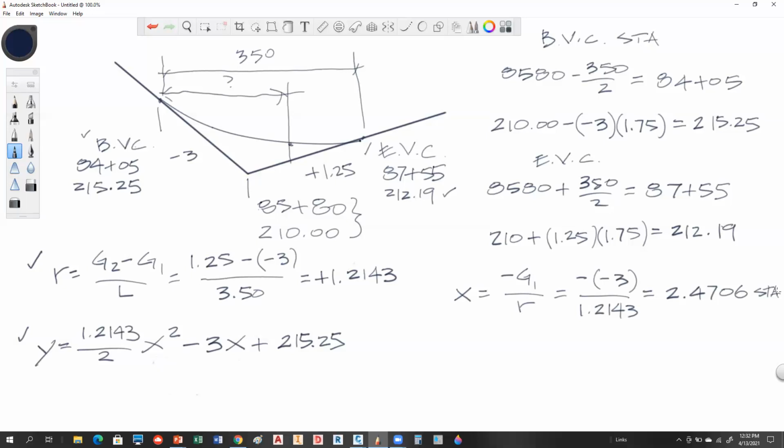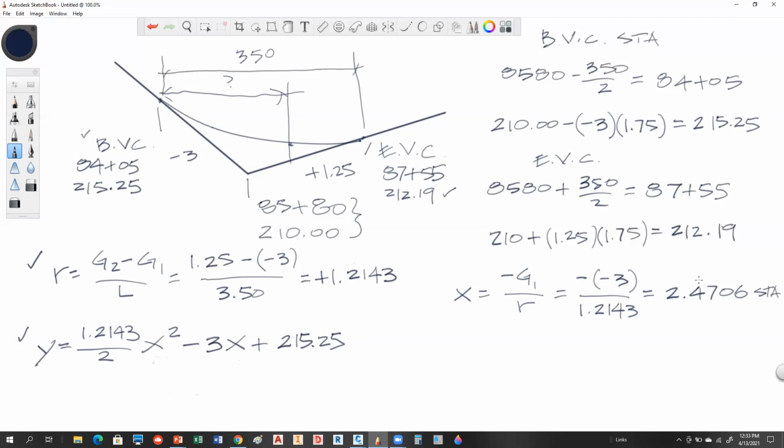In other words, is it possible for that station to be in this vertical curve? Yes. And why are you saying yes? Our distance would be 3.5 stations from the start point to the end point, and that point would be 2.47. So it seems like it makes sense, right?